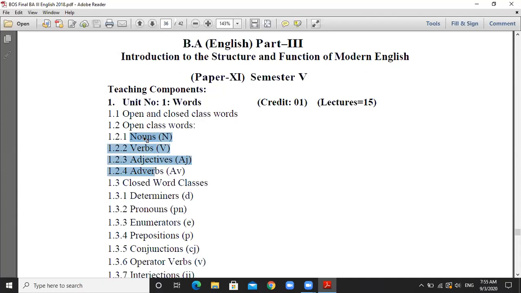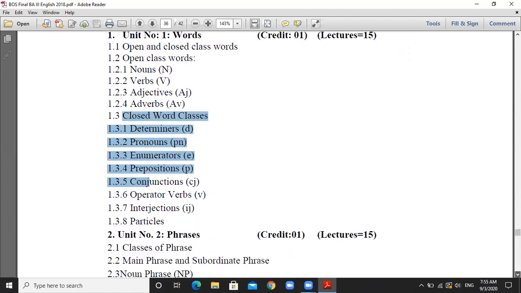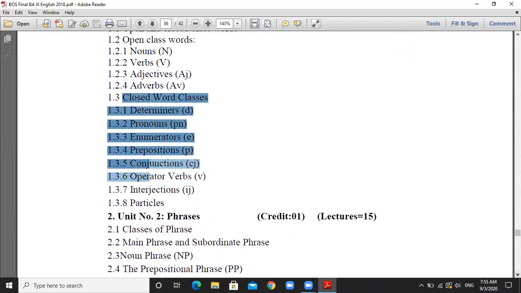So these four open class words we are going to study. Closed class words are determiners, pronouns, enumerators, prepositions, conjunctions, operator verbs, interjections and particles. So these two classes of words we are going to study in the first unit, which is called open class words and closed class words.